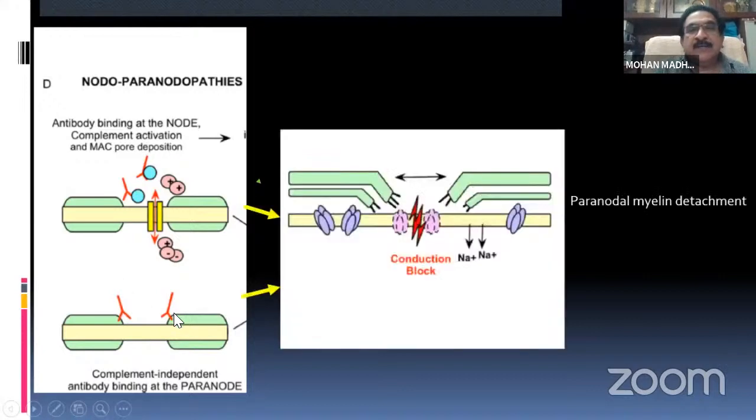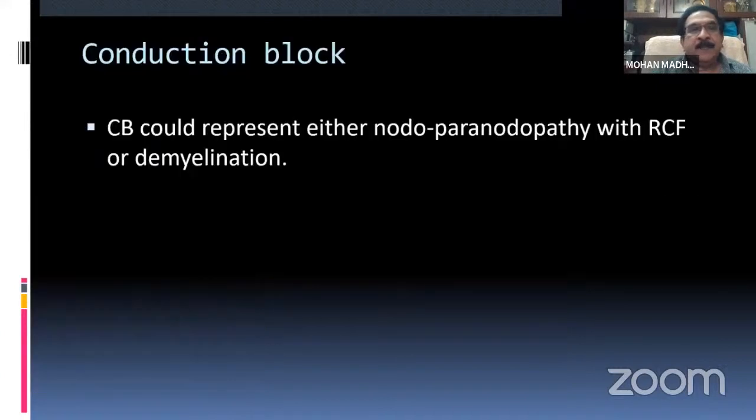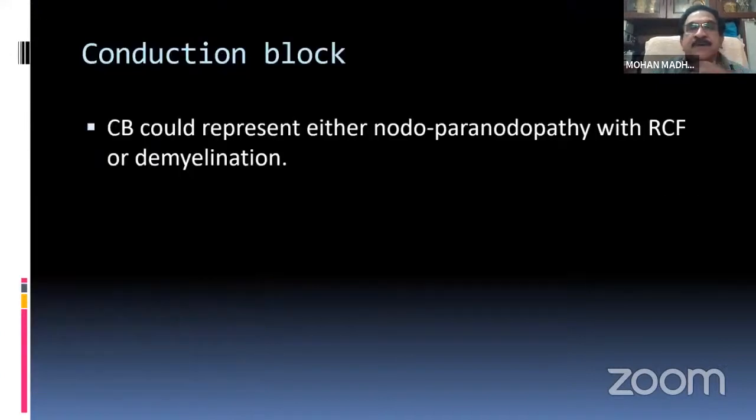This leads to conduction block in the nodal region. So the conduction block would represent either nodo-paranodopathy with reversible conduction block or demyelination. The conduction block can occur in demyelinating disease as well as in nodopathies and paranodopathies.